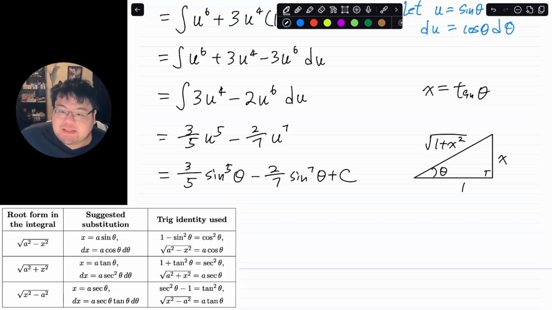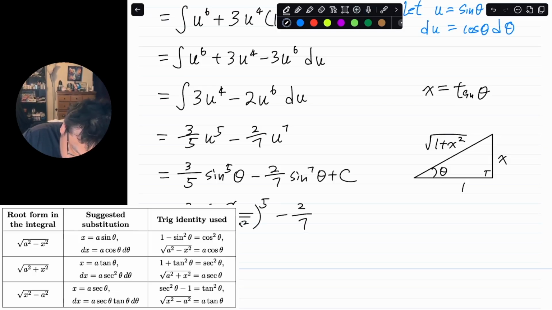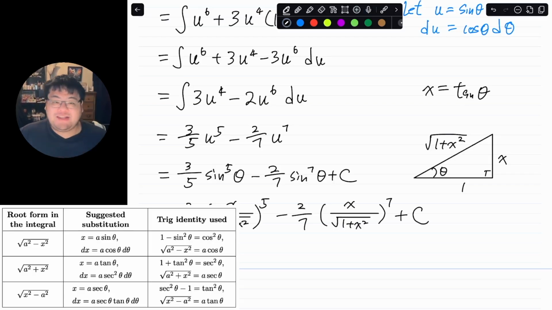So now what is sine theta? Sine theta will be x divided by the square root of 1 plus x squared. Now we just need to plug this back in, and that will be our answer.